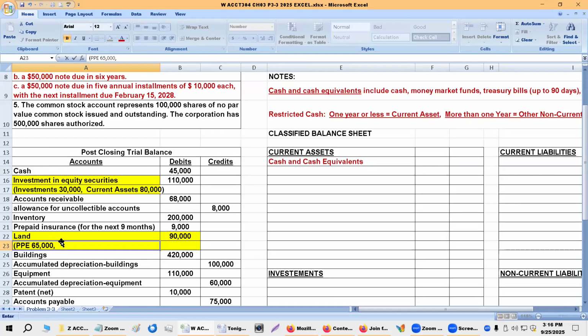And then we'll have an investment that is 25,000.